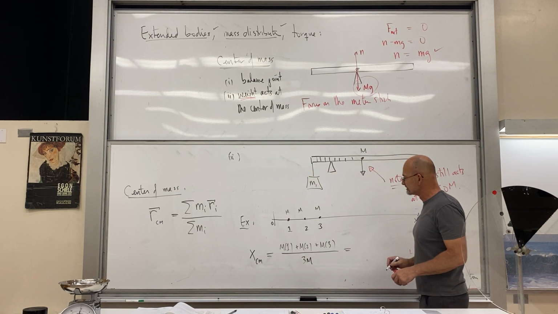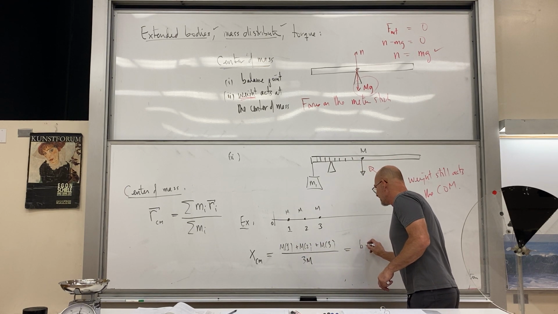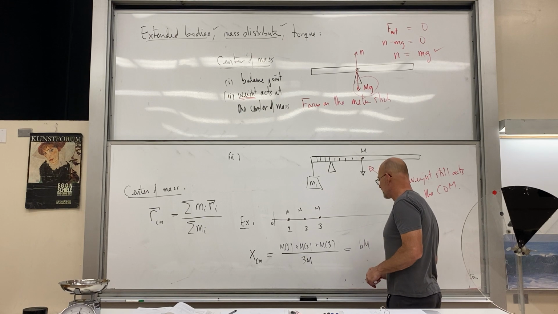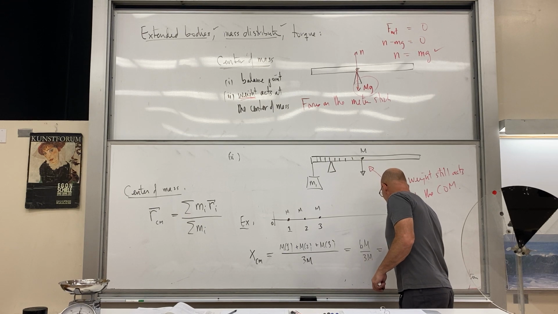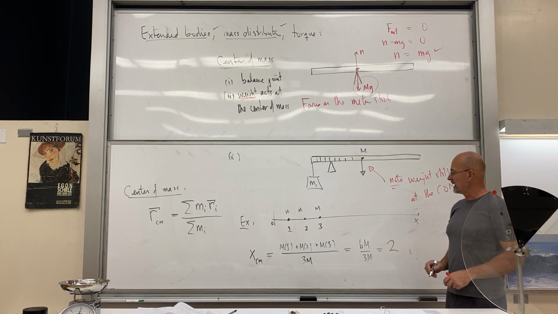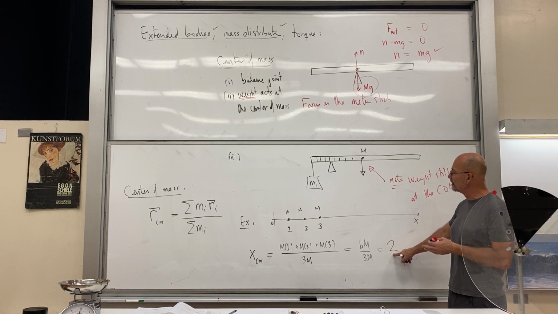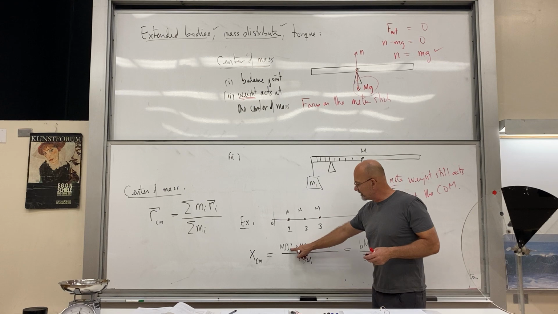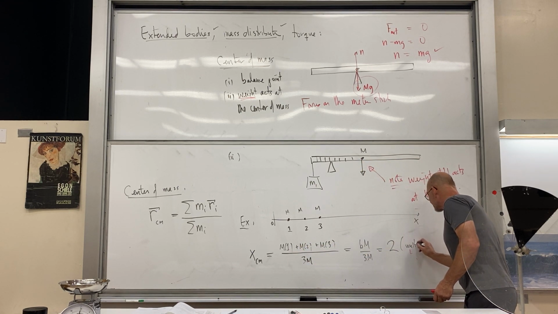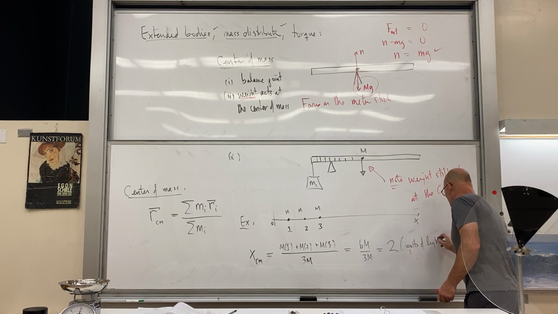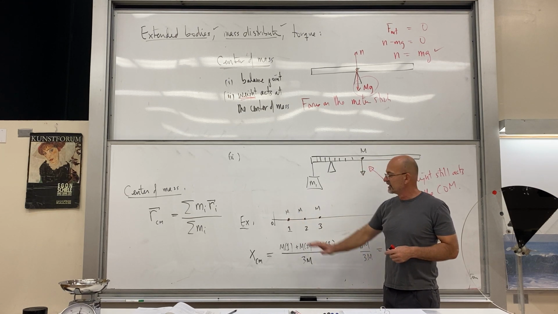So what do we get? 3, 4, 5, 6 m divided by 3m equals 2. 2 units of length, 2 meters or something, but I didn't want to write too many m's here. So it's just 2 units of length. Right where we said it would be. And you could make more complicated examples, and it's always going to be the center of mass.